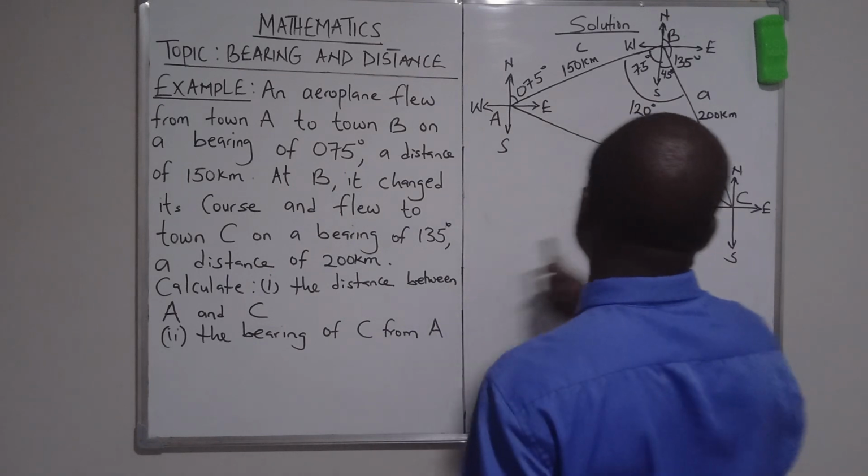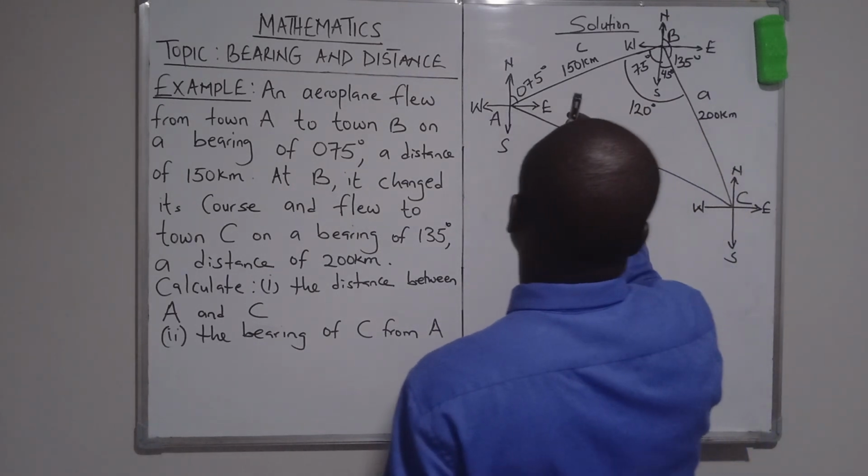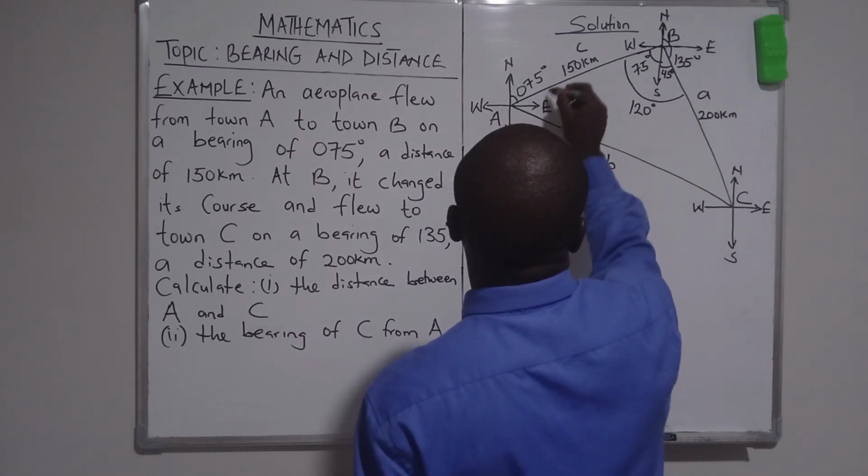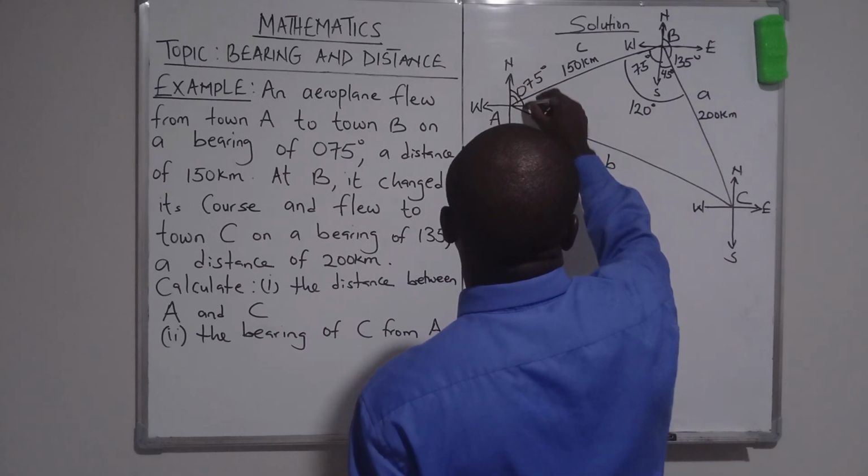And we also calculate the bearing of C from A, what it takes to turn from north for this line to this point.